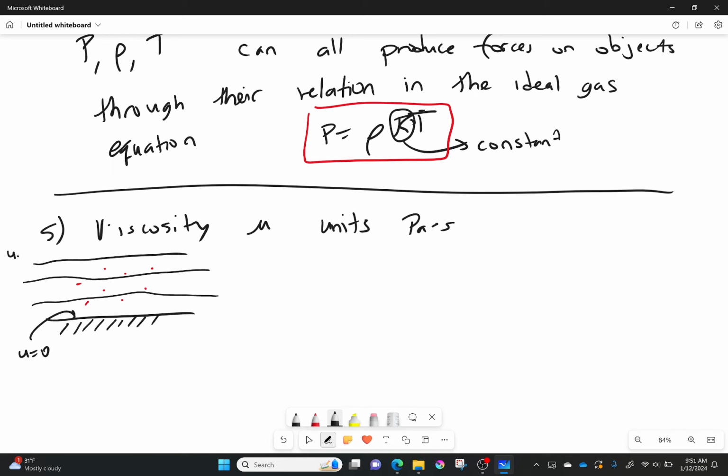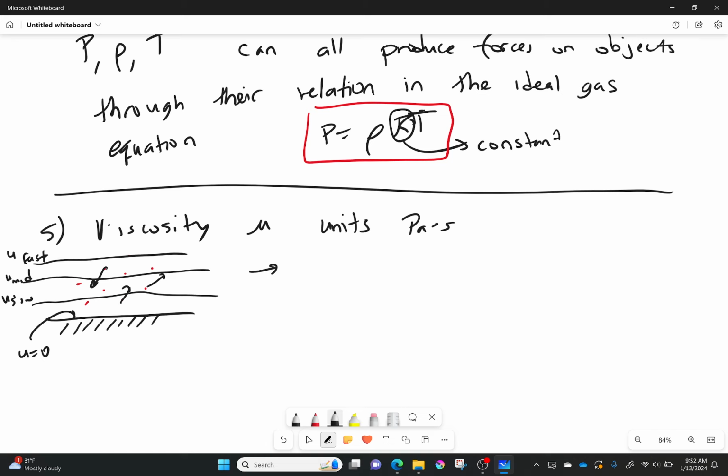I have U fast up here, U slow right here, and U mid in the middle. When these molecules go from one streamline to the other, their velocity has changed, and if your velocity changed, there's got to be a force. This is where viscous forces like friction come into play.